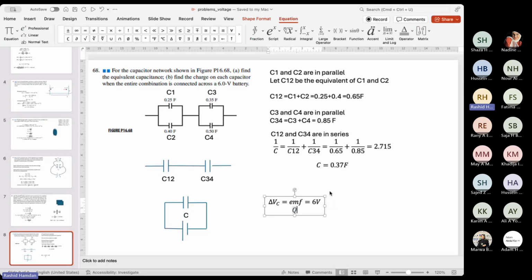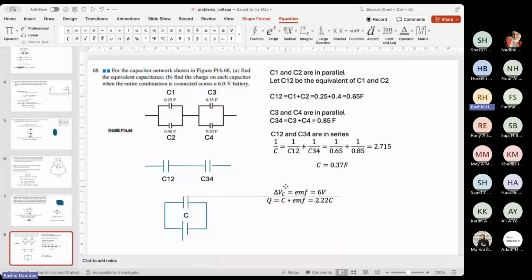So the charge on the equivalent capacitor is equal to C equivalent times the EMF, which is equal to 6 times 0.37, that is 2.2 coulombs.